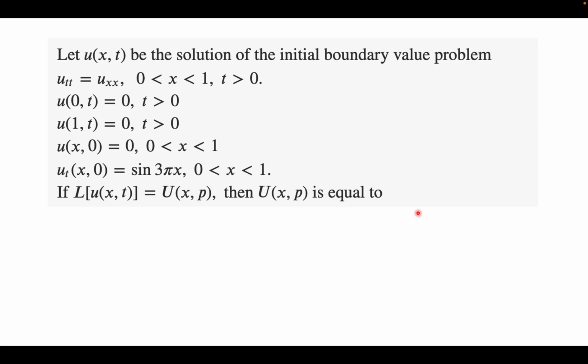So this is the next problem. Let u(x,t) be the solution of the initial boundary value problem, and you are given that the double derivative of u with respect to t is equal to the double derivative of u with respect to x, along with some initial boundary conditions.